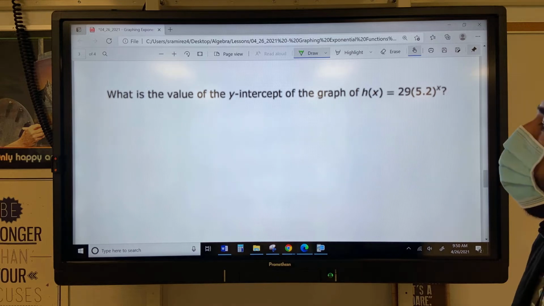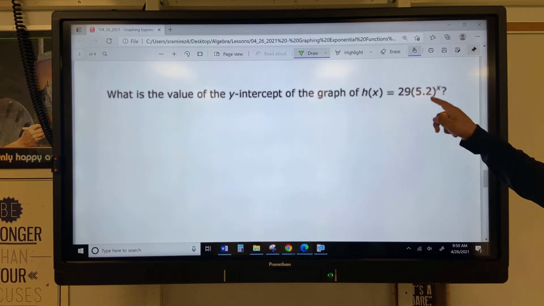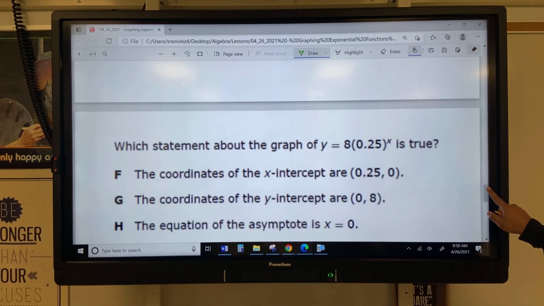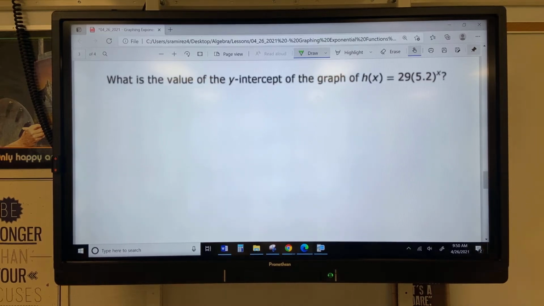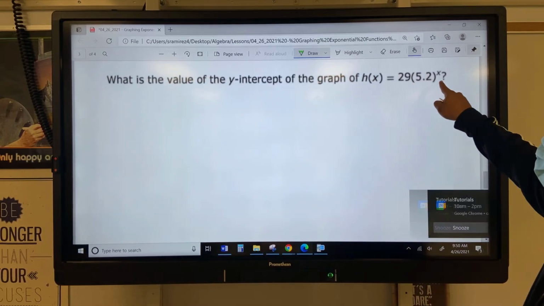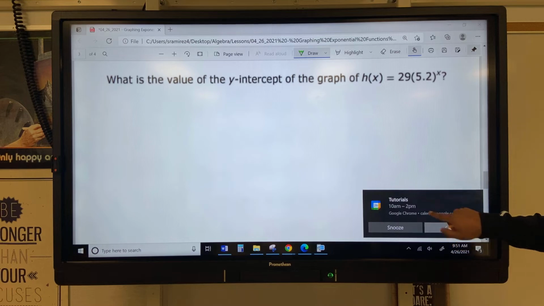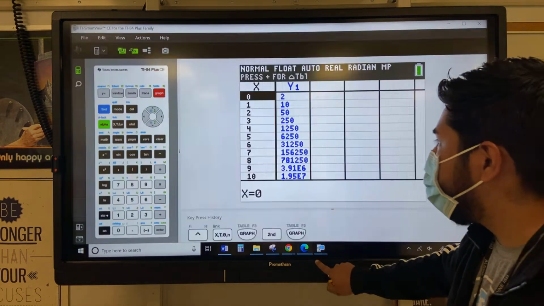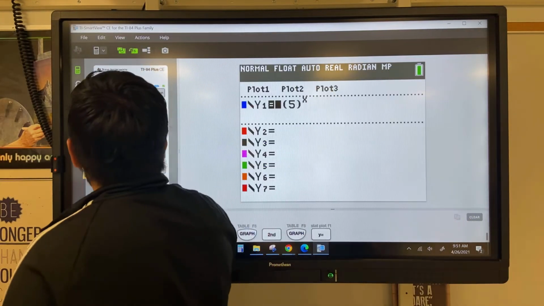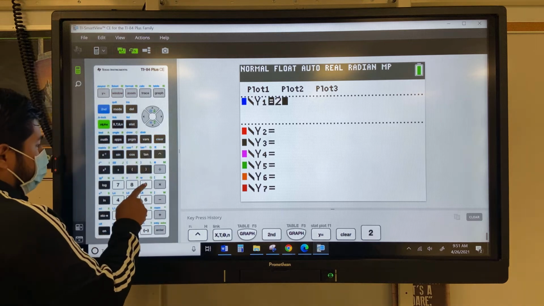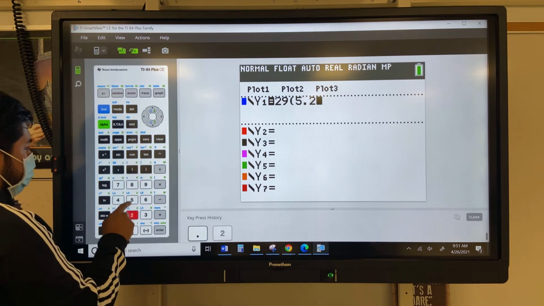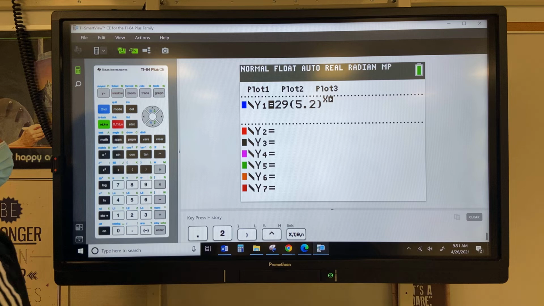What is the value of the y-intercept of the graph of this? Right here I could definitely do the calculator: 29(5.2) to the power of x. Let's do that. Y equals, clear. 29 parentheses 5.2 to the power of x.